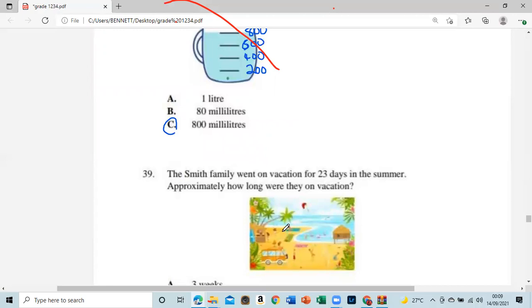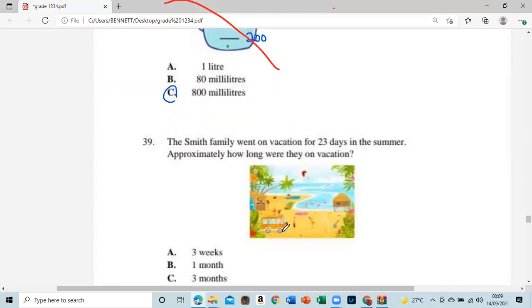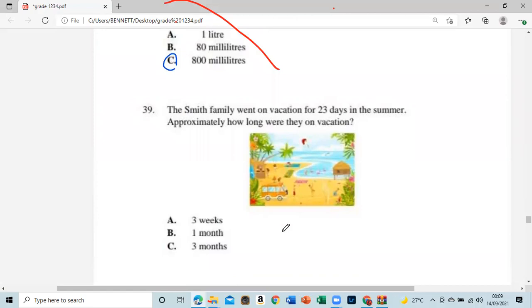The Smith family went on a vacation for 23 days in the summer. Approximately how long were they on vacation? So it's 23 days. 7 times 3 is 21, so it's actually 3 weeks.